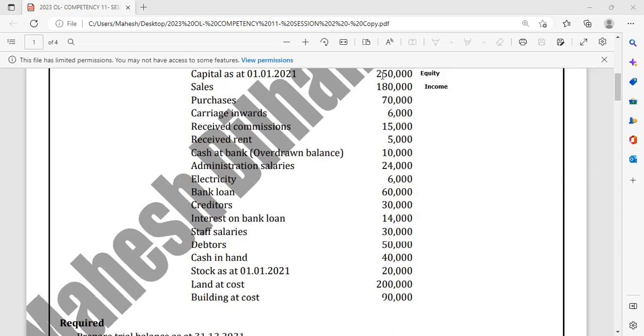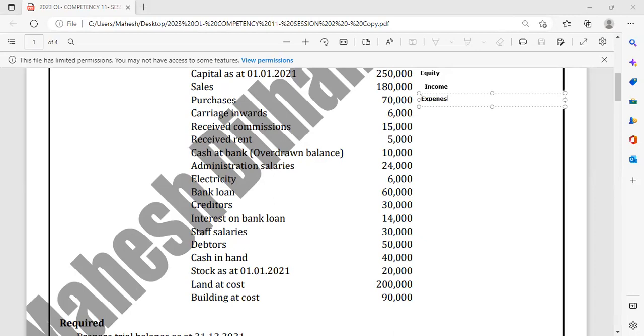Right. Time is up. Have you done this? Capital is an equity account. Sales is income. Check your answers, please. Check the rest, whether they are correct. Purchases, expense.